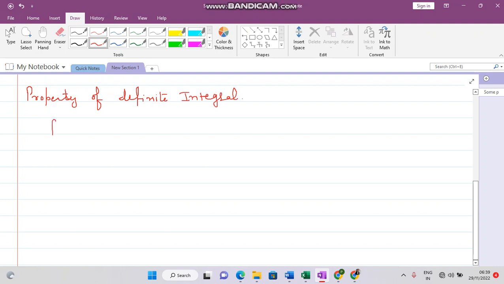This property is mainly used: the integral from -a to a of f of x dx is equal to 0 if f is an odd function. I mean, if the function inside the integral sign is an odd function, then the value of this type of integral just becomes 0.